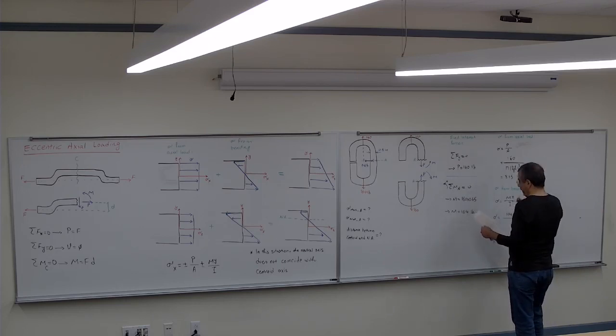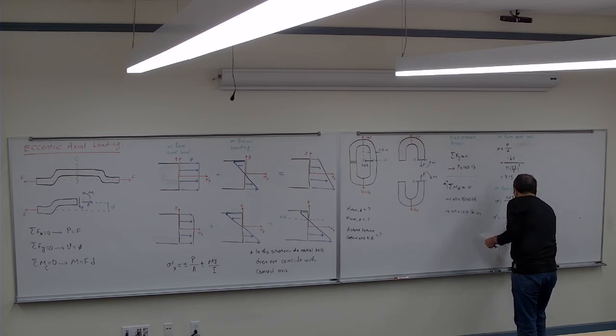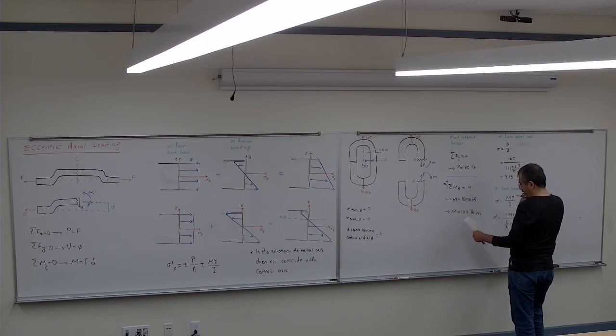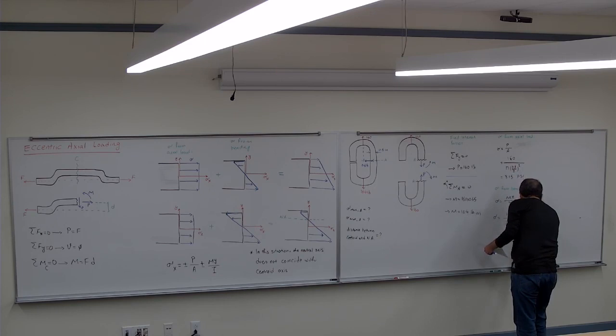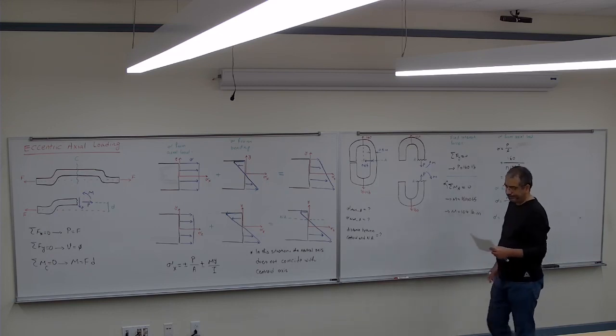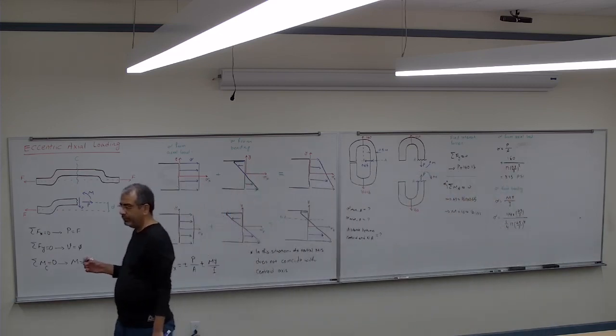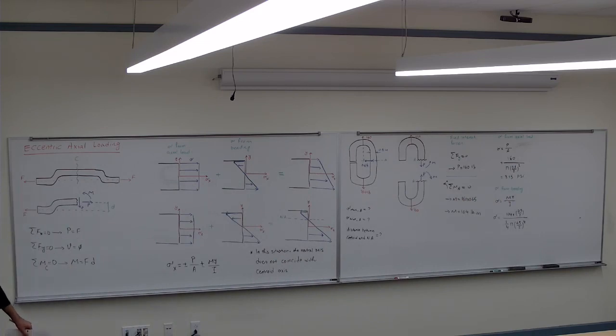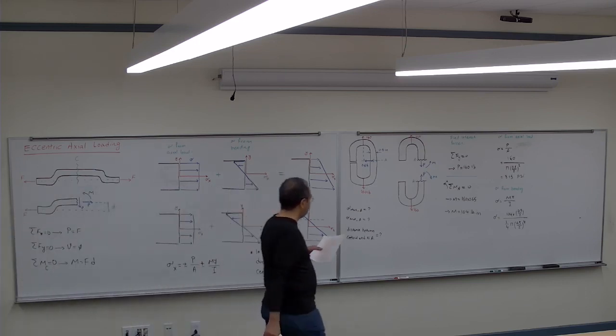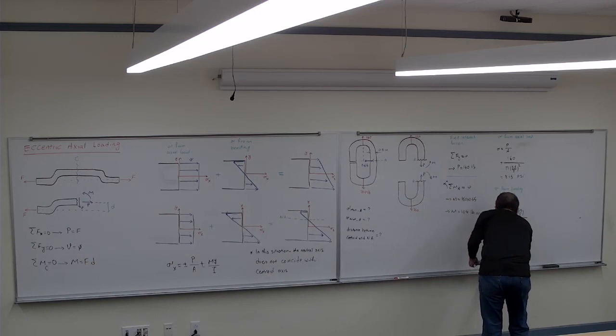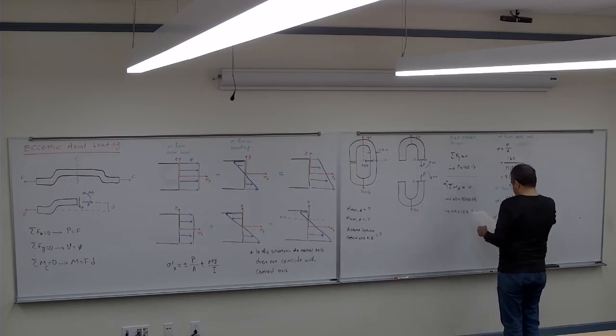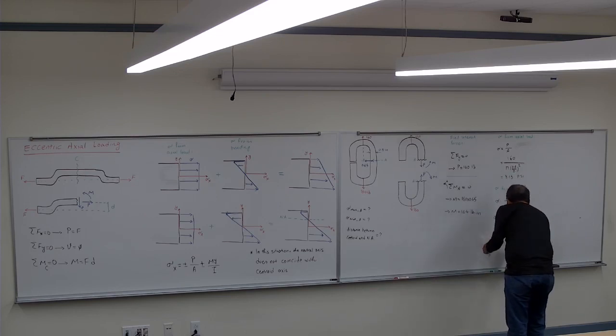And the I for the circle is 1/4 of pi r to the 4, so 0.5 divided by 2 to the 4. It gives us sigma equal to 84.75. Yes.